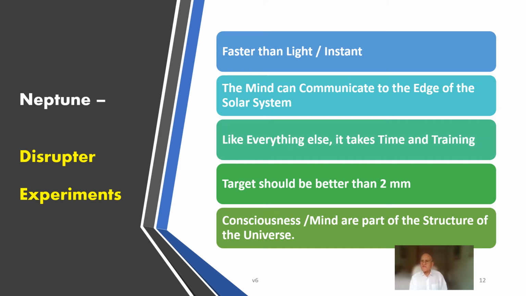Not only do they prove that subtle energy communication is faster than light, but can be instant. If my average mind can communicate to the edge of our solar system, with appropriate training, so may yours.